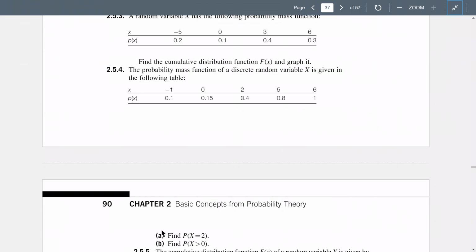Calculate the probability x equal to 2. That's very obvious, this is easy: 0.4. The probability corresponding to 2 is 0.4. And x greater than 0 is what? 0, 2, 5, 6. So you take the sum.